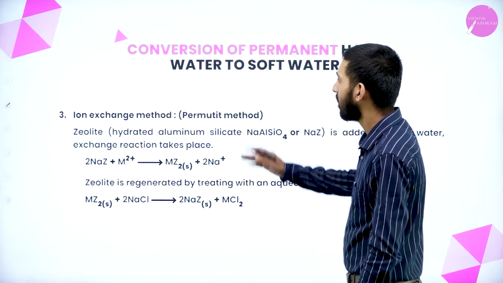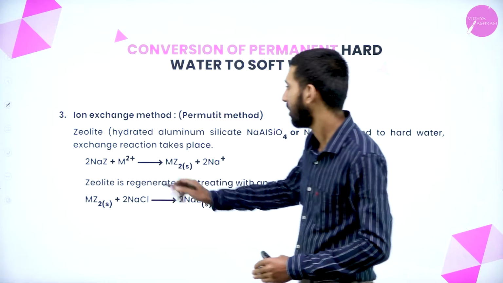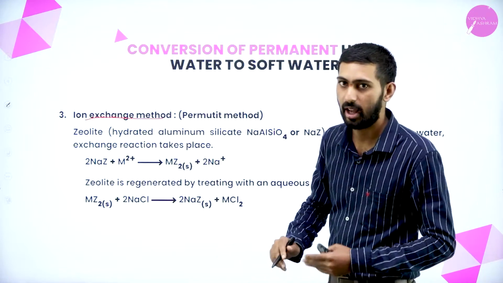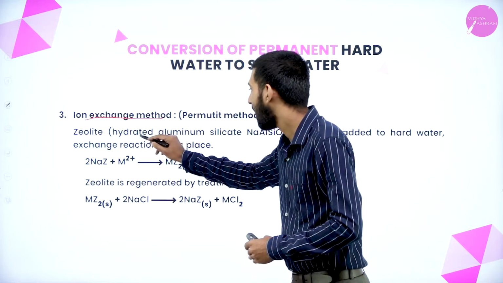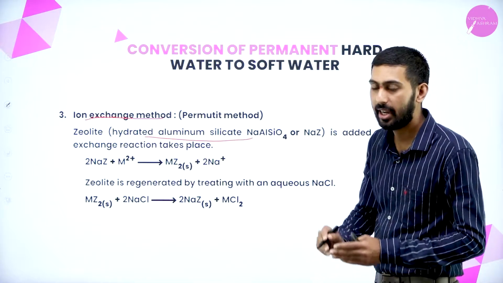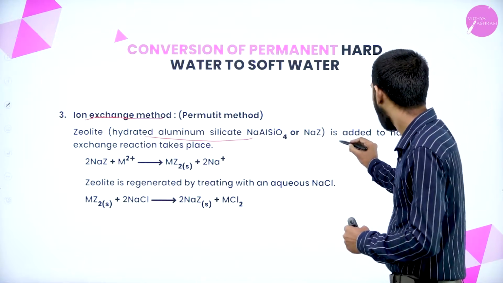Next thing is conversion of hard water to soft water by the ion exchange method. Now let us take zeolite. Zeolite means hydrated aluminium silicate. It is added to hard water.